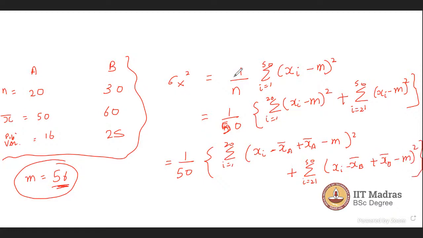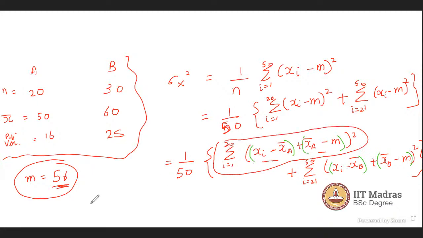Okay, and let me just make it a pair. This is a pair, this is a pair, this is a pair, and this is a pair. So consider this as A, B. So (A plus B) whole square will open, right? Let me just consider this term only for now.